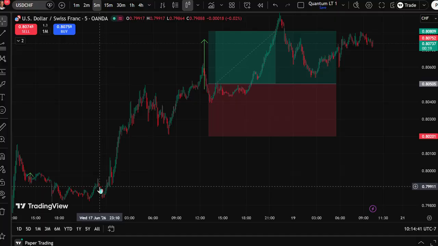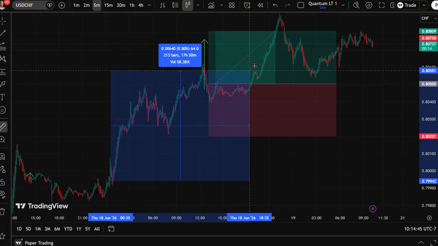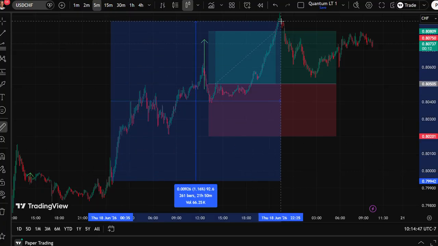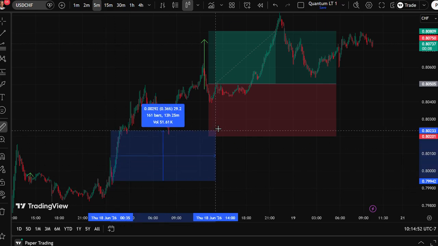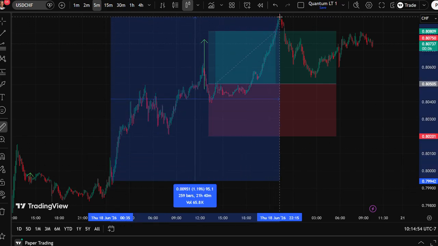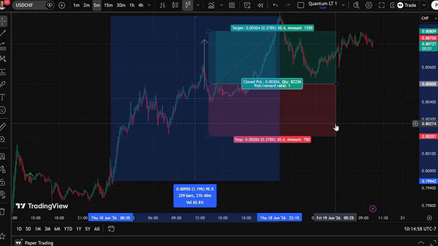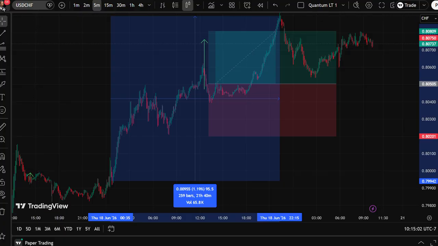So it went from here to here. That's in one day. That's a 1 day travel, 95 pips. That's only 0.01 of USD, right? And I'm using a 5 minute time frame.